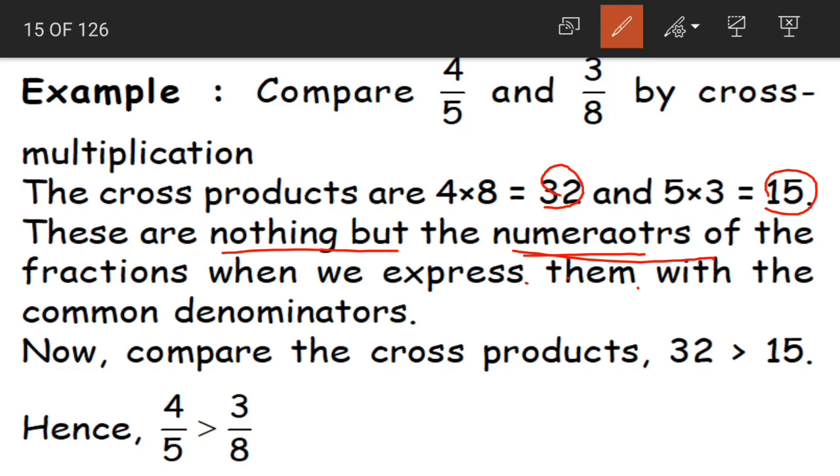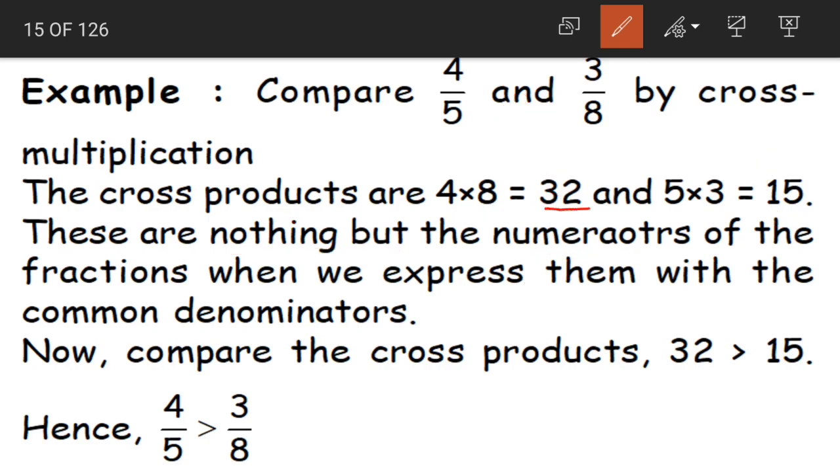So here what they are saying is that the cross products are the same as the numerators that we got after expressing them with our common denominators.